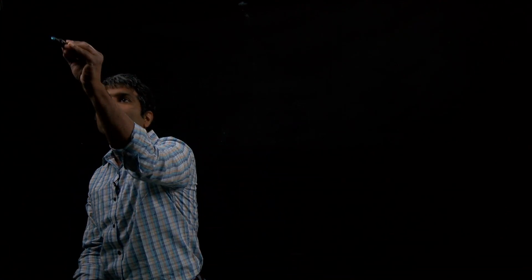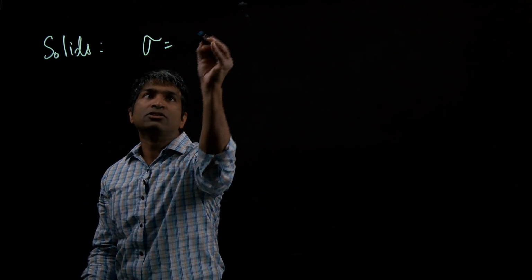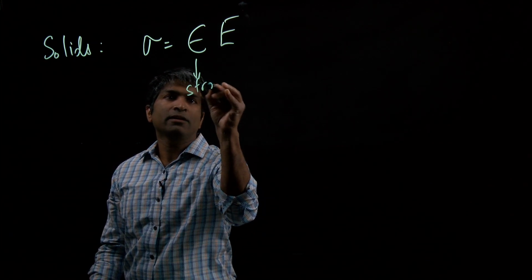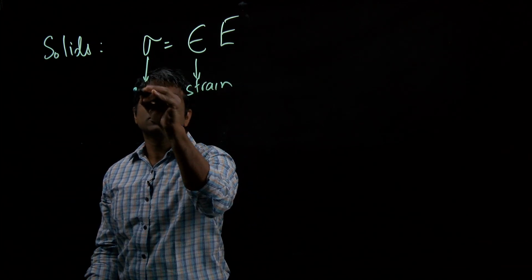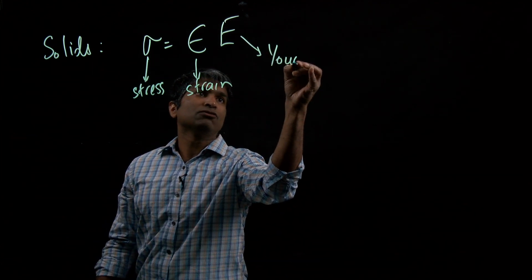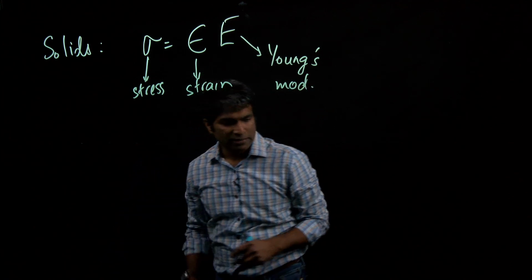And you've already done a similar exercise in solid mechanics, in strength of materials, that is. So in solids, you said something like sigma is epsilon times E, where this is the strain, this is the stress, and this is the Young's modulus for the solid material.